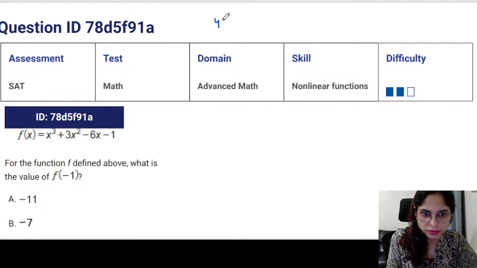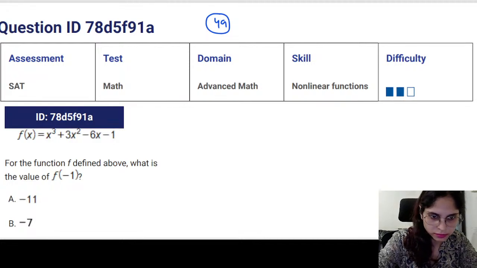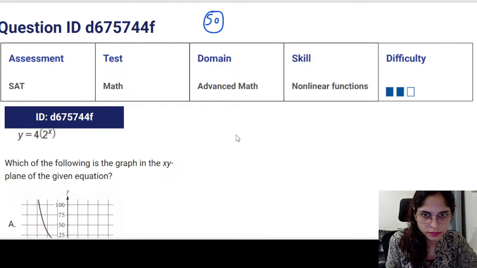This is medium polynomial. Yeah, 50 is medium exponential.